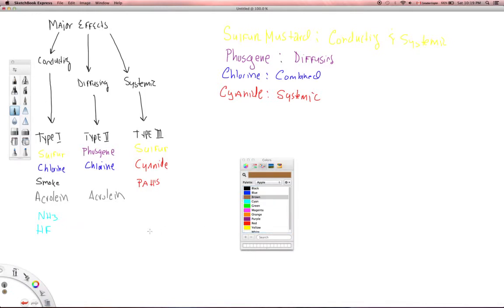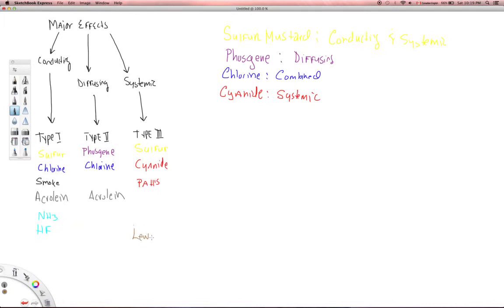Lewisite is going to be really good at having type 3 effects. So it's going to have systemic effects in addition to type 1 and type 2. All right, so it's going to have pretty significant effects.